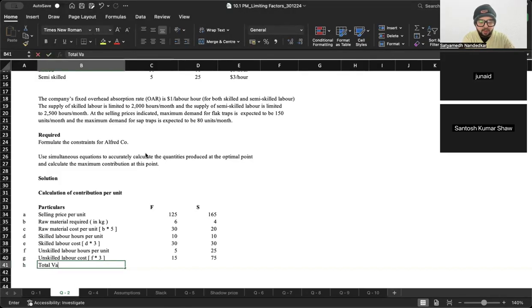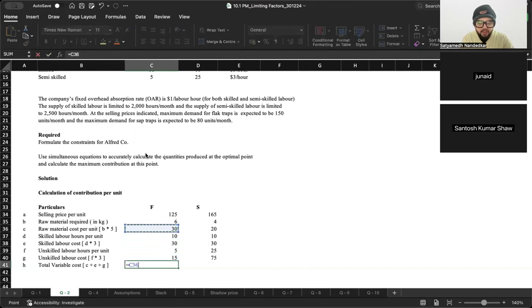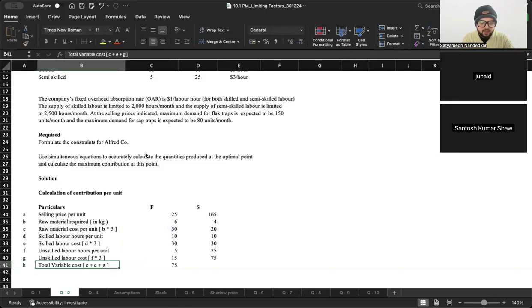I will need my total variable cost, which will be material cost, row C, plus skilled labor cost, row E, plus unskilled labor cost, row G. So raw material cost per unit 30, skilled labor cost plus unskilled labor cost.